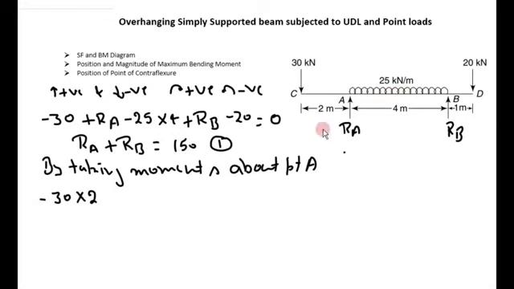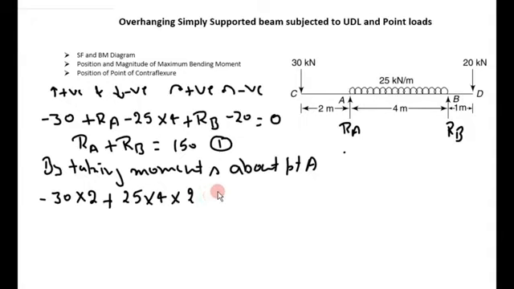Next is the UDL of 25 kilonewton per meter acting on 4 meter, and the distance of its CG from point A is 2 meter.